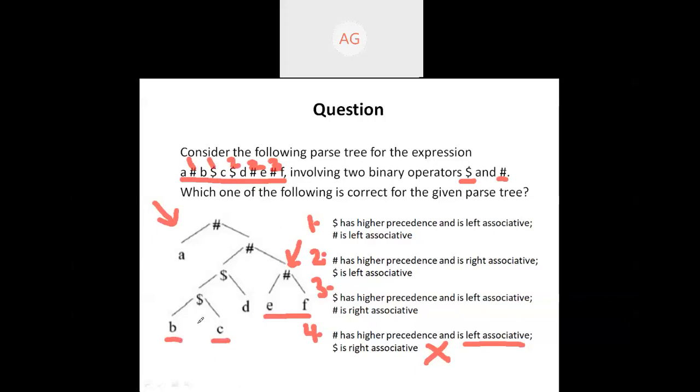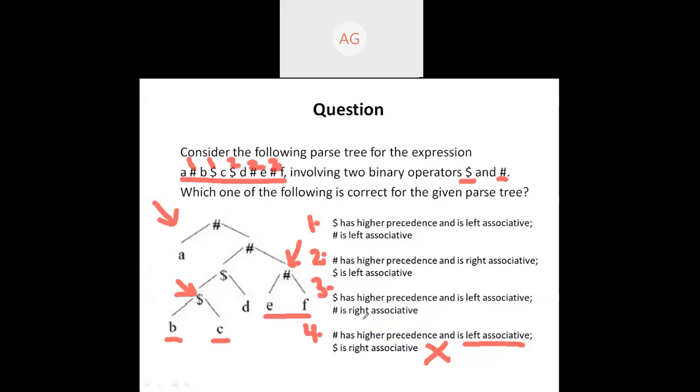So it means this dollar is having left associativity. So we need to choose the option where dollar is having left associativity and hash is having right associativity.